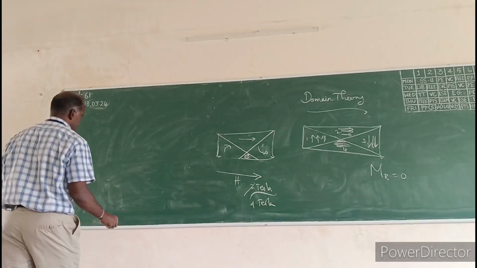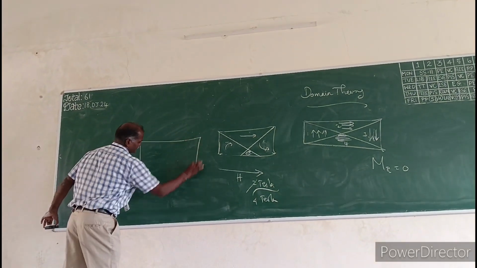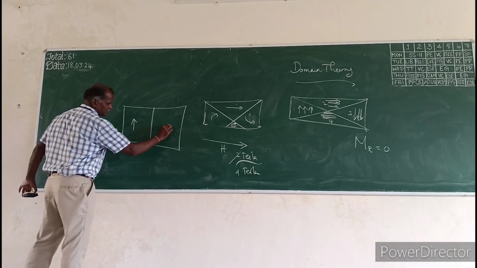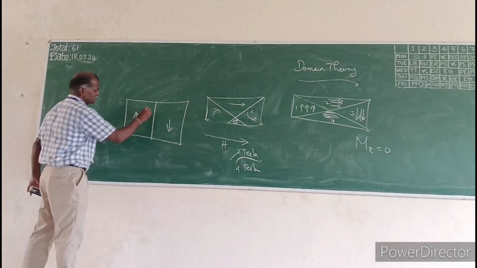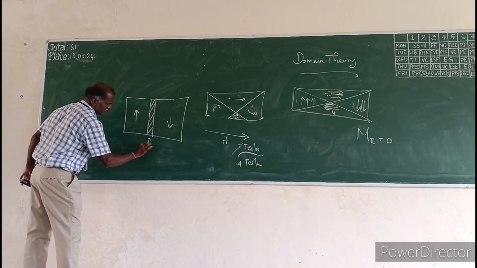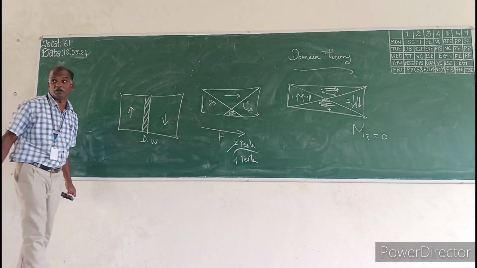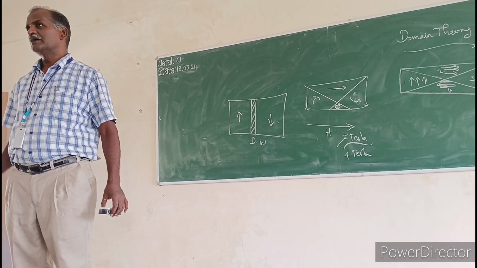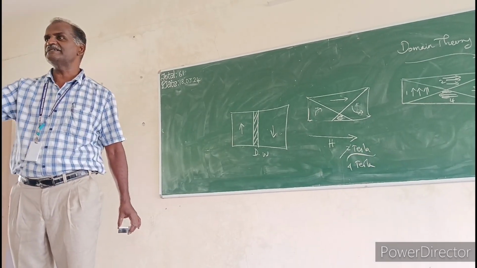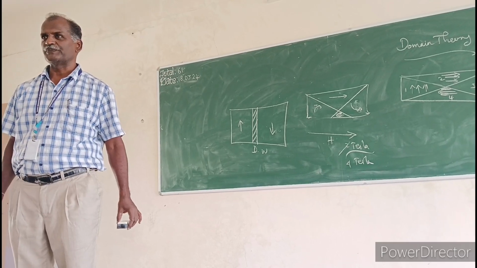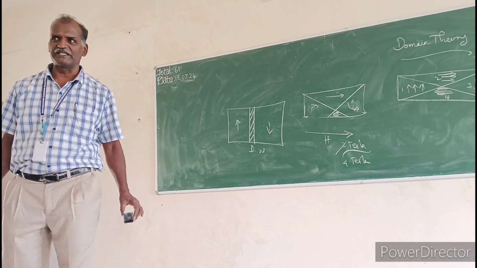So, we just imagine there are only 2 domains. One is here, one is in the downward direction. Let this be the domain wall or Bloch wall. The wall is used for transitions of magnetic moments.